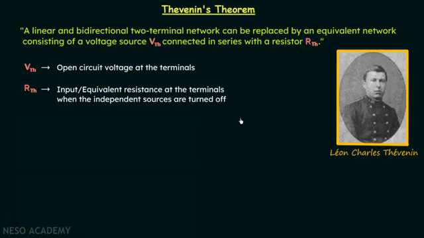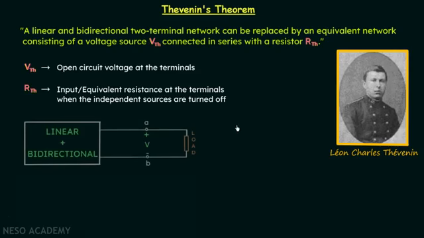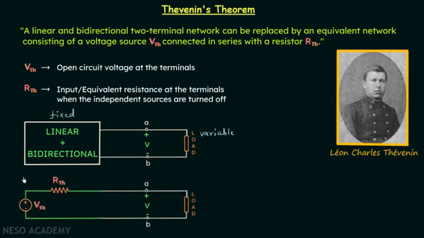To summarize our discussion till this point, I have taken this particular arrangement in which we have a linear and bidirectional network which has fixed elements, and from this network we are getting two terminals across which one load is connected, and this load is a variable load. And therefore, for simplicity, it is good to have the Thevenin's equivalent circuit in place of this network. And we know what Thevenin's equivalent circuit is. It is VTH connected in series with RTH.